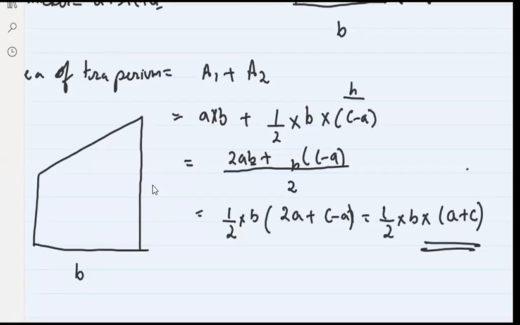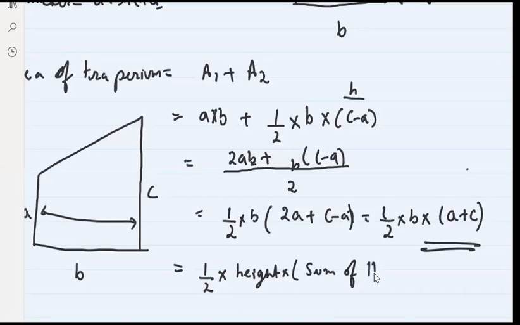This is B, this is C, this is A. Okay, so can I say that half into, this is, let it be height, distance between two parallel lines, into sum of parallel sides. These two sides are parallel, so their sum. Yes or no, guys? Just take your time.